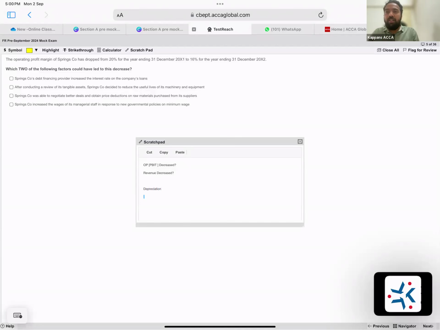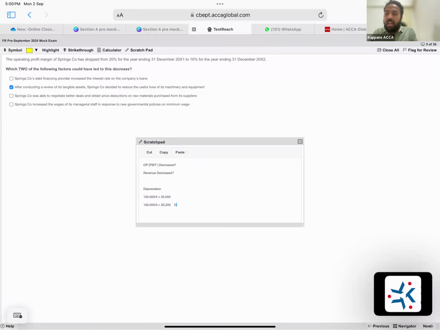Let's say depreciation is based on a useful life of 4 years. So 100,000 divided by 4, depreciation will be 25,000. Now let's say the management decides to reduce the useful life from 4 to 3. So what will happen to depreciation? 100,000 divided by 3, depreciation will increase to 33,333.